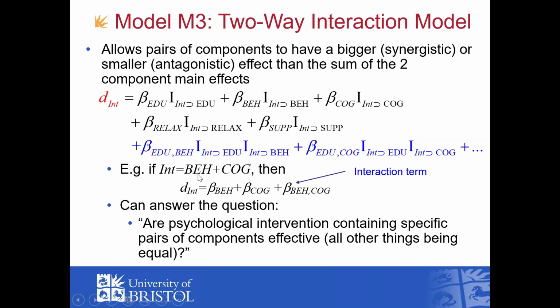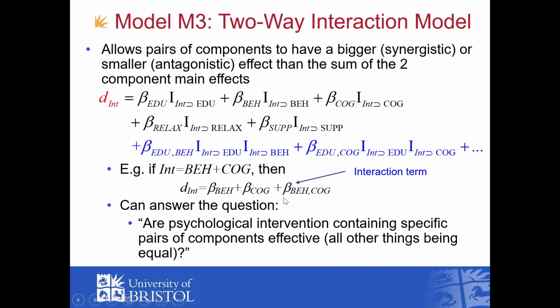For example, if we had an intervention that had a behavioural and a cognitive component, then the treatment effect for that intervention would be beta behave, beta cog, plus, because we now have the interaction as well, we have to also have beta behave cog.